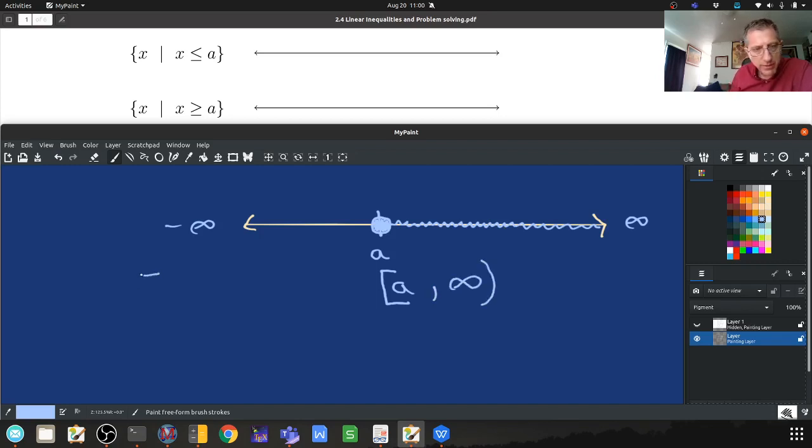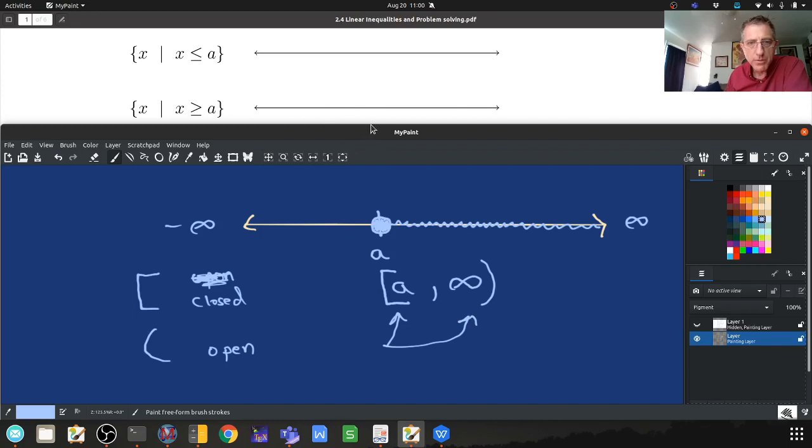So this symbol here is called open, and this symbol here is called closed. So this particular interval is half closed and half open.